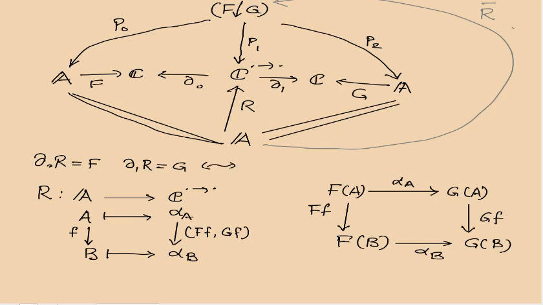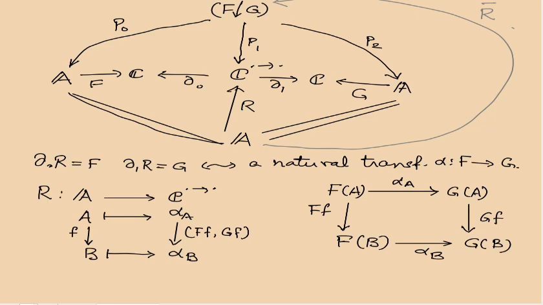So in other words, giving such a functor R is the same thing as giving a natural transformation. Okay? And what does this tell us?